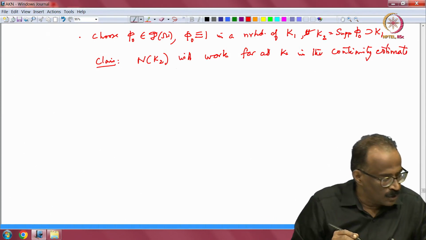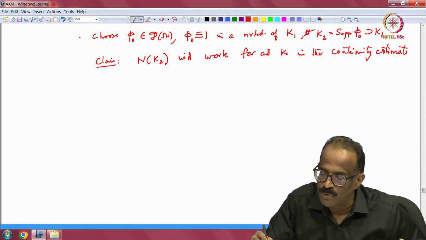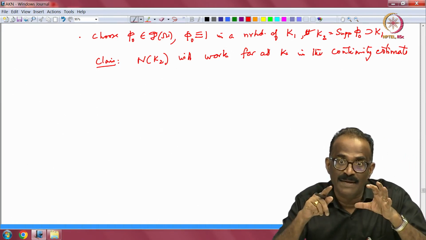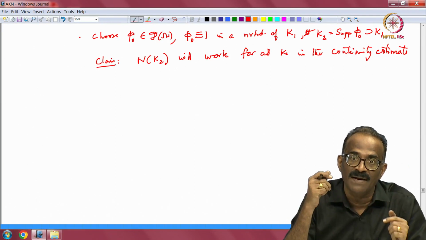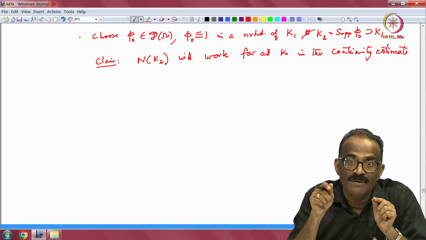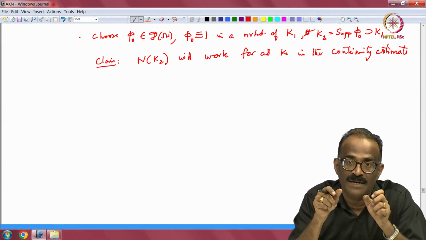So how do we prove that one? K2 is nothing but the support of phi naught. Since phi naught is identically 1, from our previous class observation, phi and phi naught both have the same values on K1, in a neighborhood of the support.